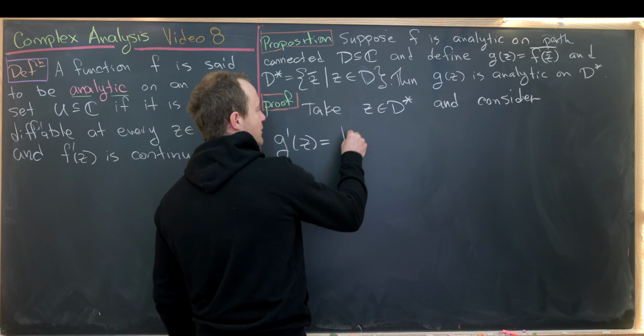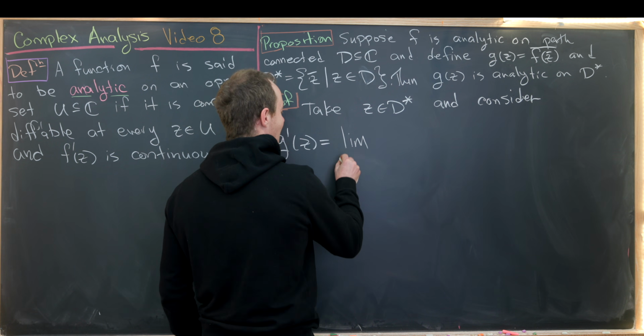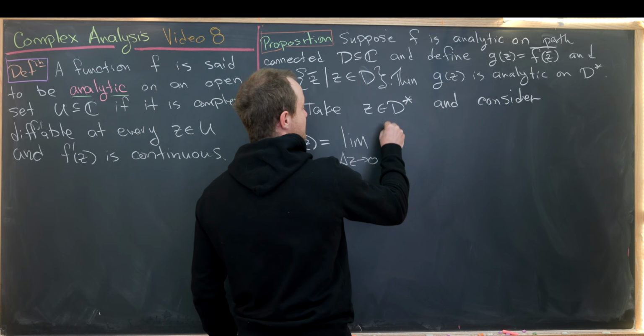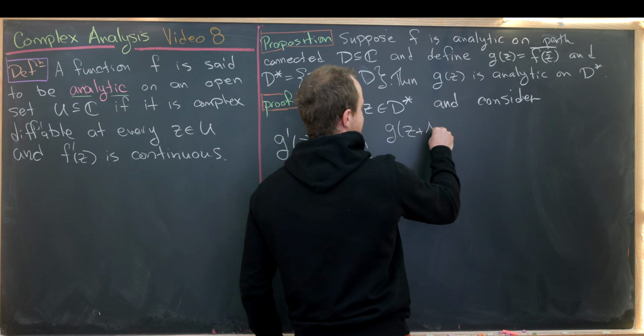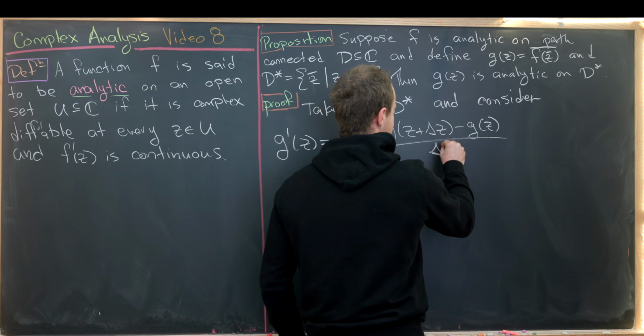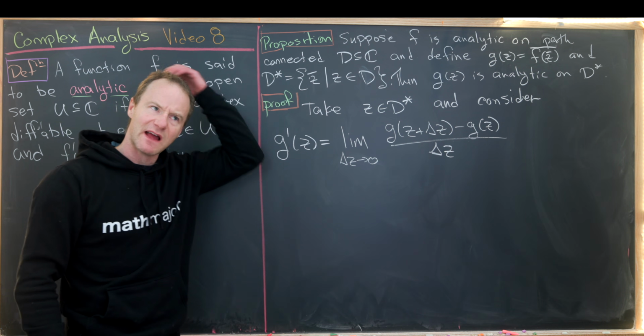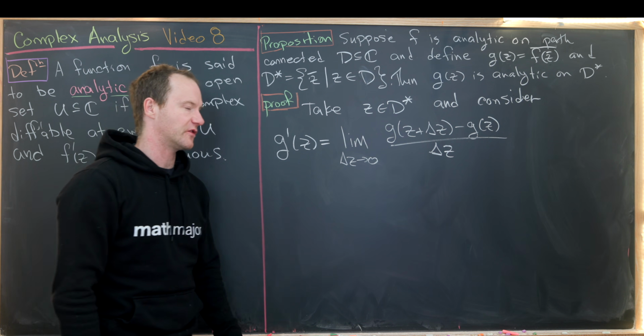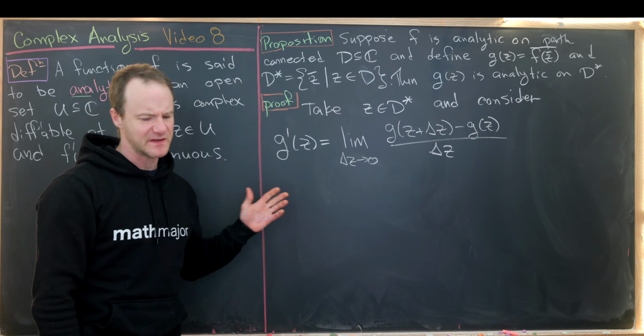Okay, so we want to take the limit as delta z approaches 0 of g of z plus delta z minus g of z, over delta z. So this is a slightly different version of the limit definition of the derivative than we had in the last video, but this is equivalent.